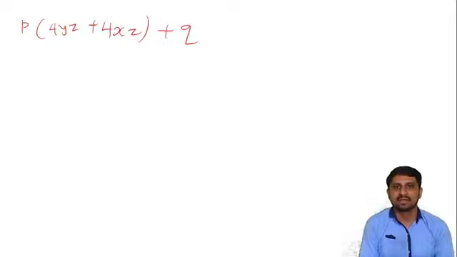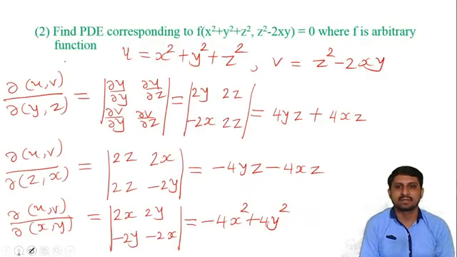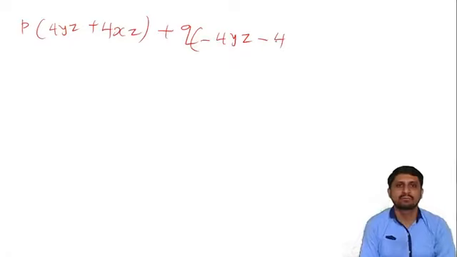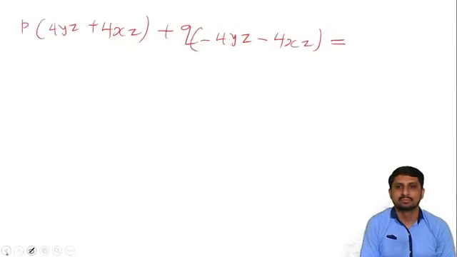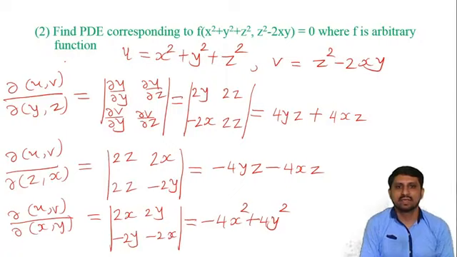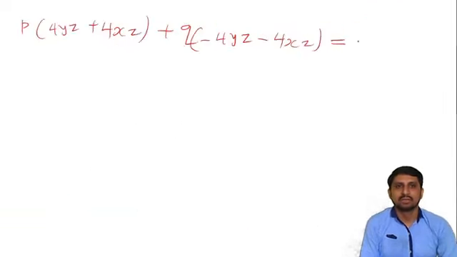Plus q into minus 4yz minus 4xz. Okay. That is equal to what? The next value, minus 4x square plus 4y square.